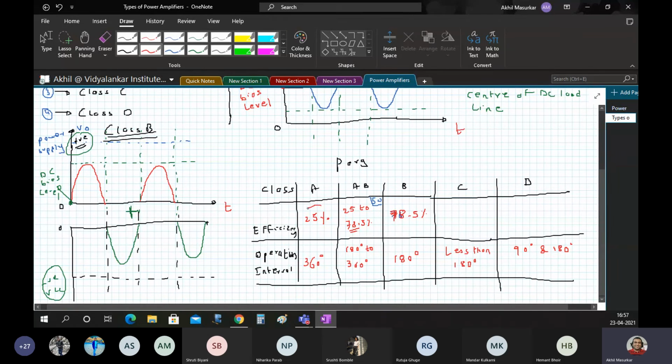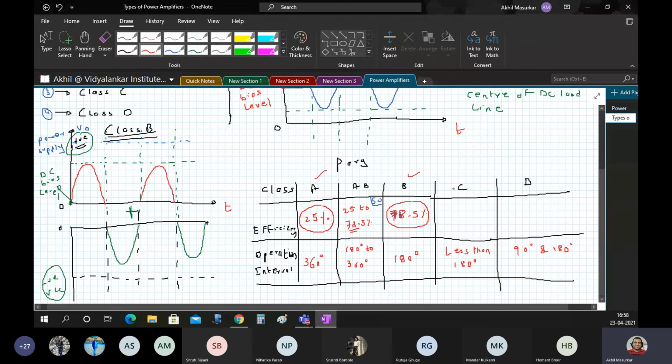So naturally, when I say 25, I have to derive this, and when I say 78.5, I will derive this. With the help of A and B, I will give you an essence of how the efficiency can be between 25 and 78.5.